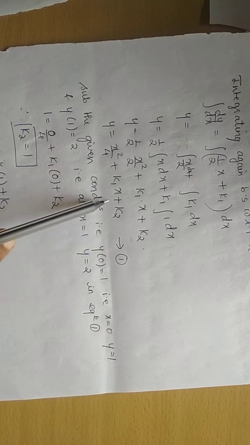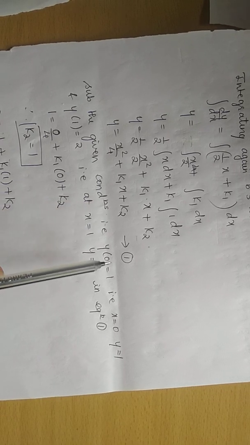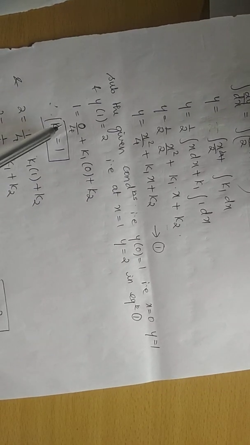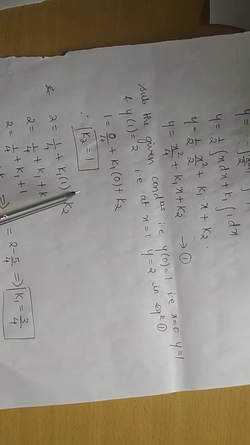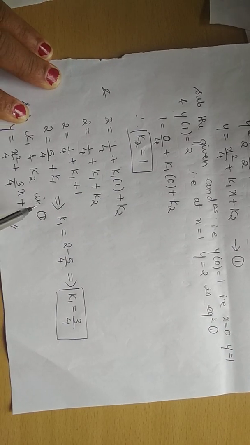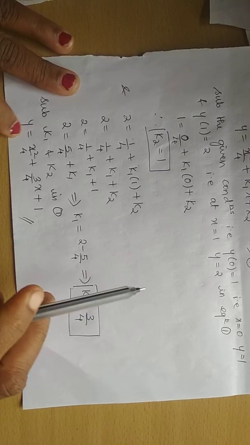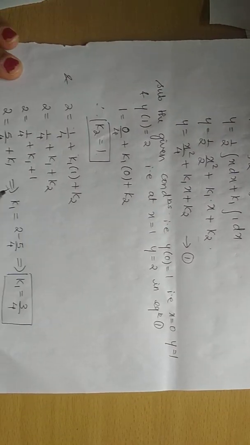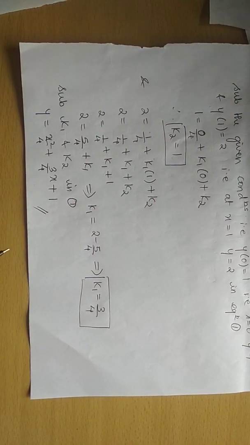Both conditions I am going to substitute in equation 1. When I substitute, I will get the k2 value and the k1 value. When I substitute these in equation 1, I will get my final answer for the given functional.